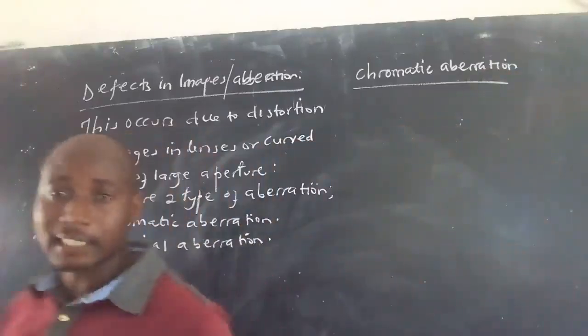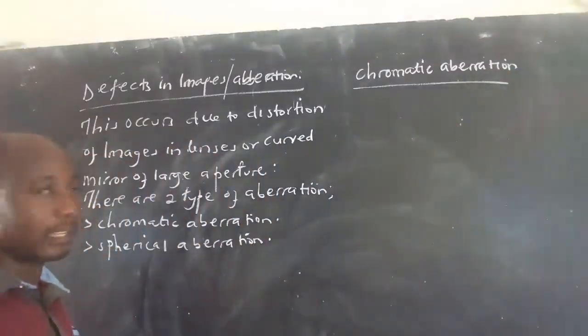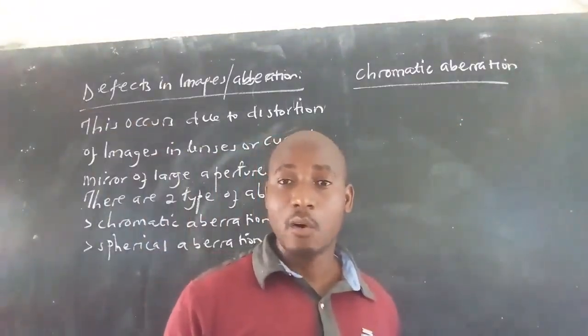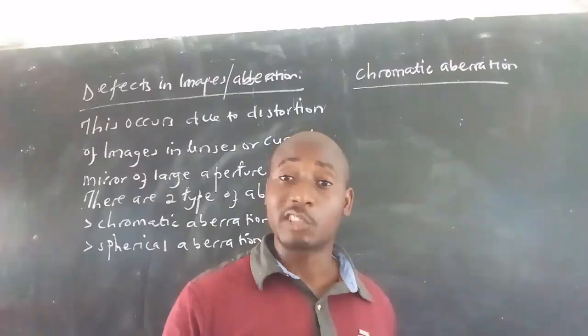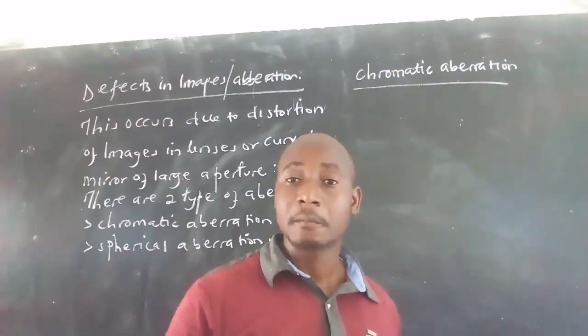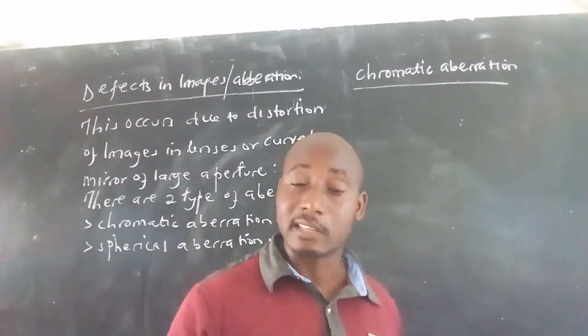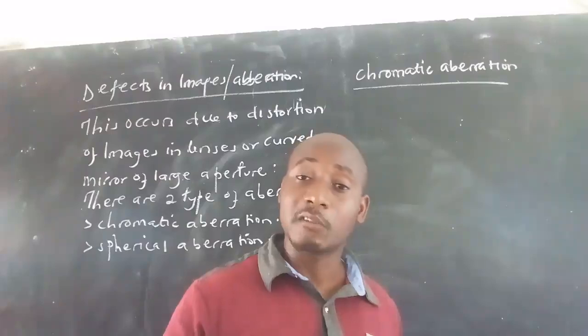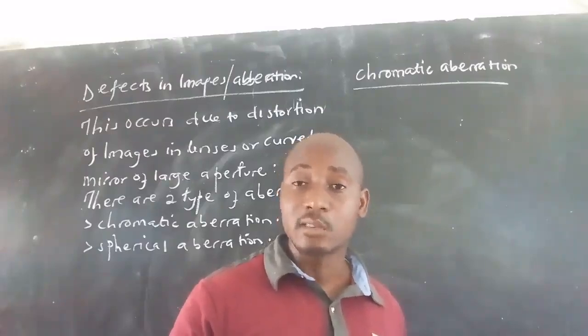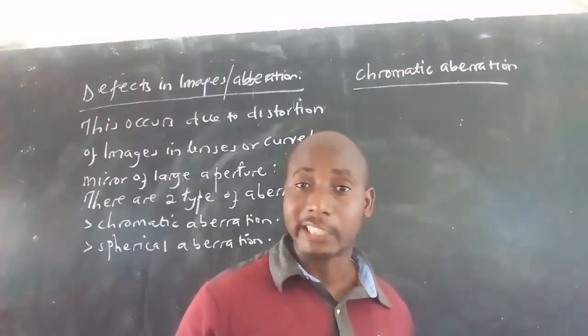When we say chromatic aberration, we are saying that in lenses or mirrors the images are distorted, or blurred, or not clear, or there is overlapping of images. That defect in images is what we call aberration, and it occurs as a result of image distortion in both mirrors and lenses of wider aperture.